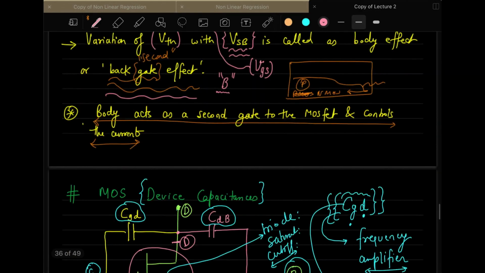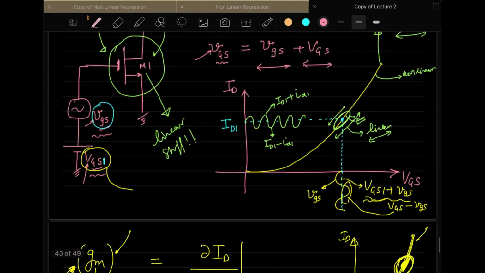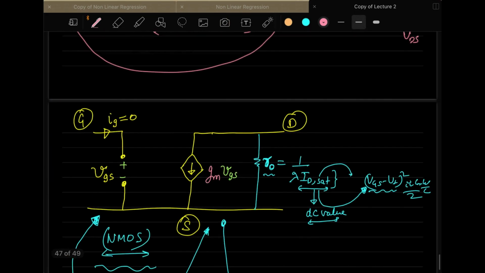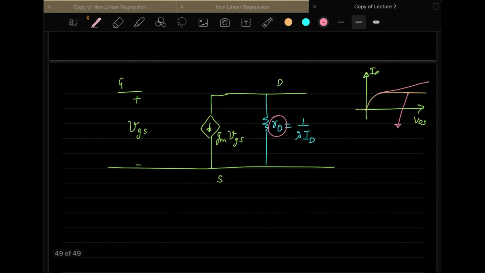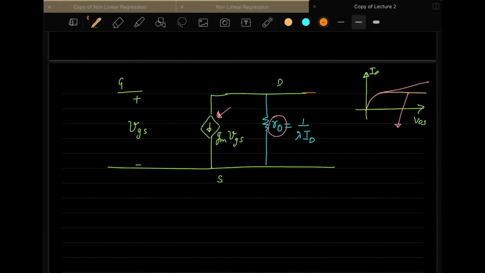So we have to incorporate this also in the model we are defining here. We have already included that VGS is controlling the current. Now the second thing that we want to include is that VSB is controlling the current. In order to do that, we have to include one more current source, like this.